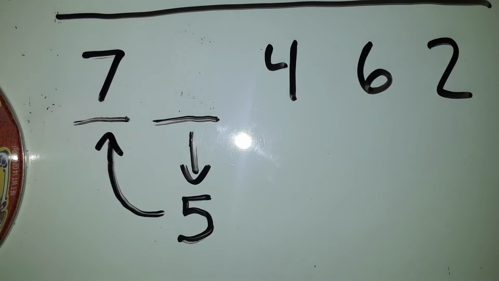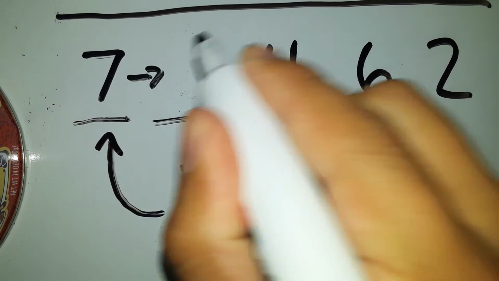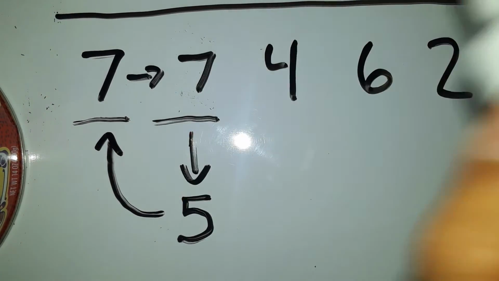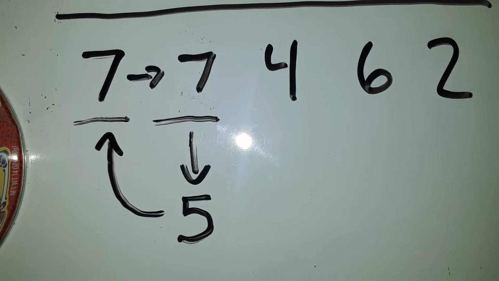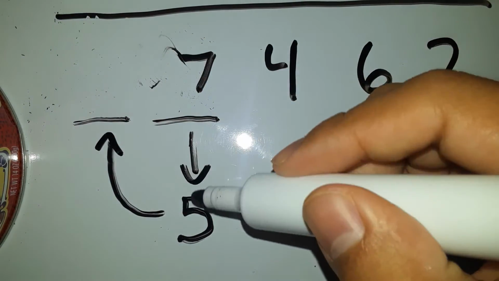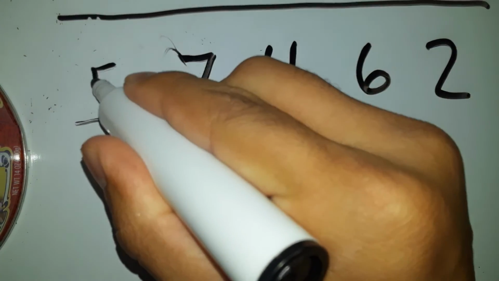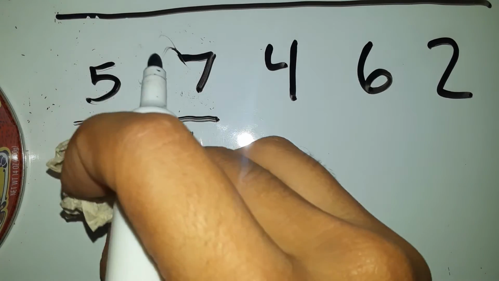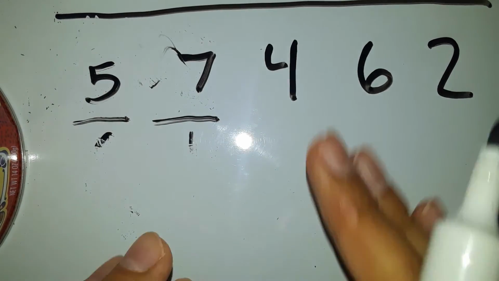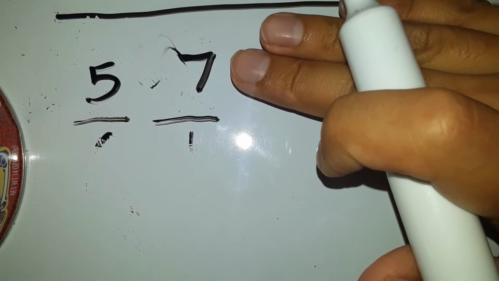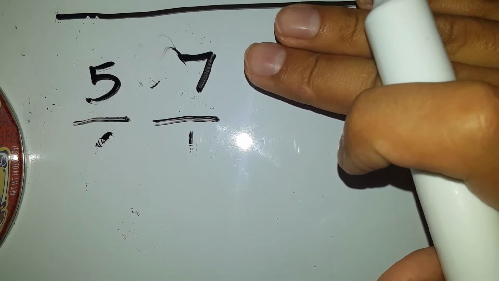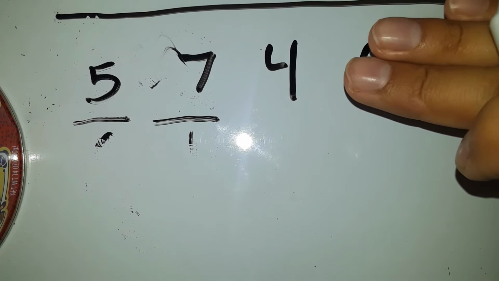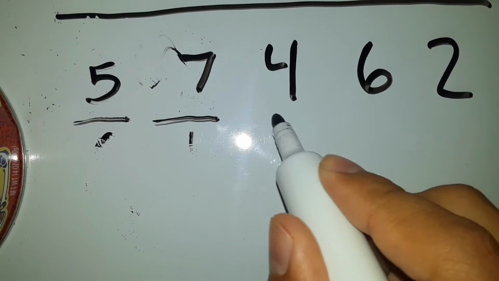The 7 is now going to move this way, so it takes its place here, and then the 5 is going to be inserted here. And now, in the context of just the numbers that we have visited so far, that is in correct order.